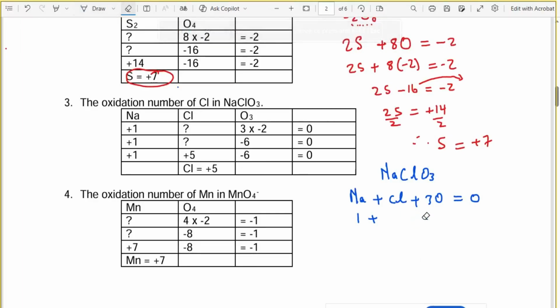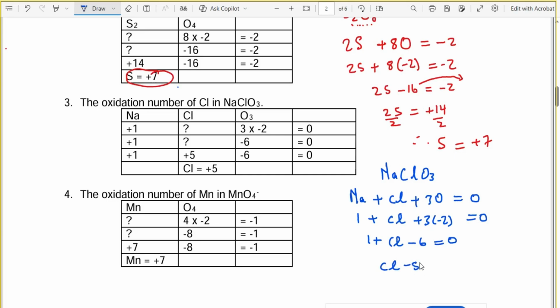This will be plus Cl plus 3 oxygen. It's always minus 2. So it's 1 plus Cl minus 6, equal to 0. And 1 minus 6 is minus 5, so Cl minus 5 equals 0. Therefore, the chlorine will have the oxidation number of plus 5. So in this compound, the chlorine will have the oxidation number of plus 5.